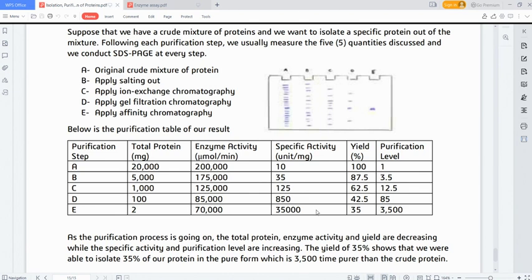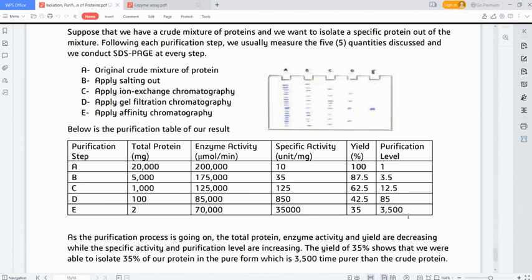One thing that will help you to know whether your purification step is working is not really the yield. It is the specific activity and the purification level: once they are on the increase as your purification goes on, you will know that you are on the right path.